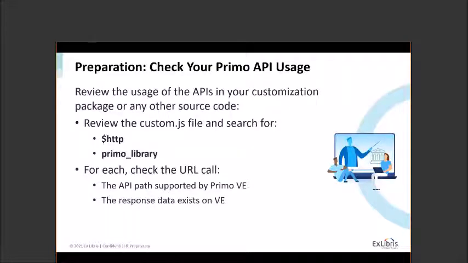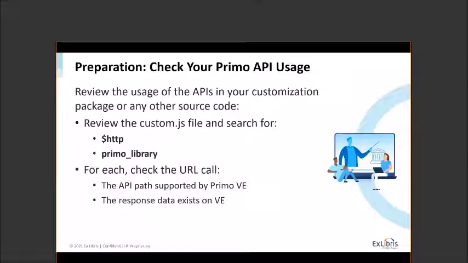After we decide which APIs are needed and we want to use in Primo VE, you want to review your customization package or any other source code that you may use, and to review the custom JavaScript file inside the customization package. The customization package can be downloaded from the Primo VE back office, which is basically Alma, under Discovery, Configure Views.